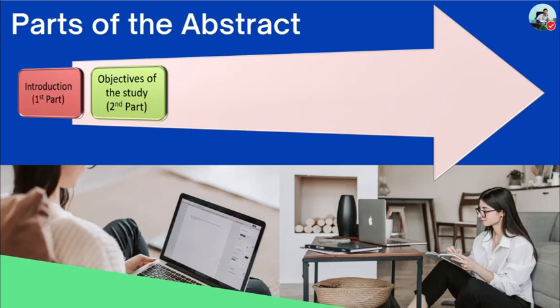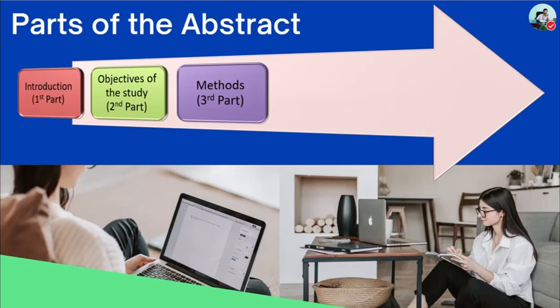Again, sentences 1 and 2 in the abstract must be the introduction of the study or the rationale of your study. Sentence 3 must be the objectives of the study, your statement of the problem, but it should be the main problem only.